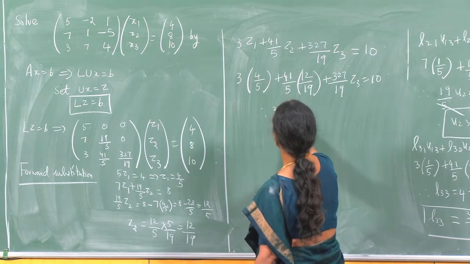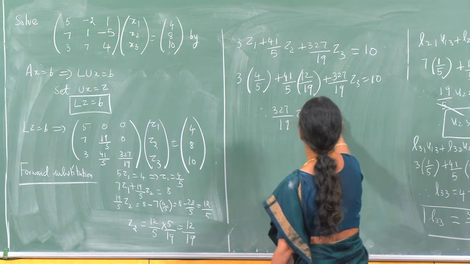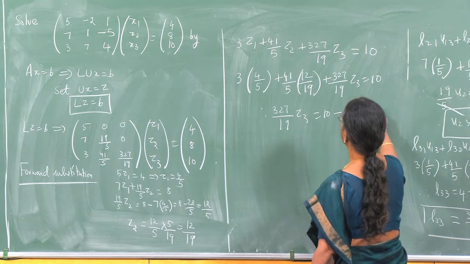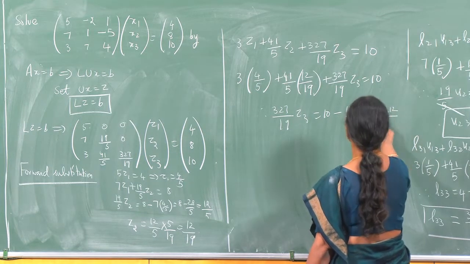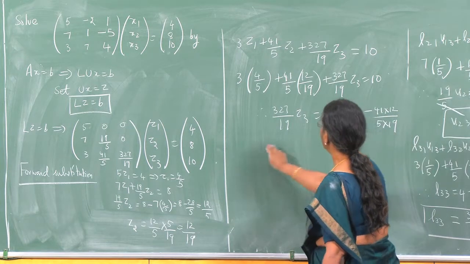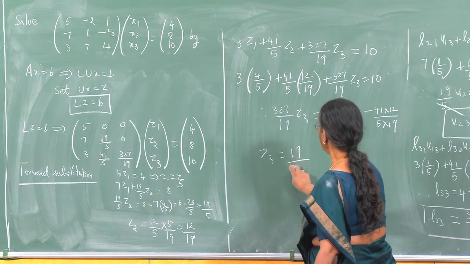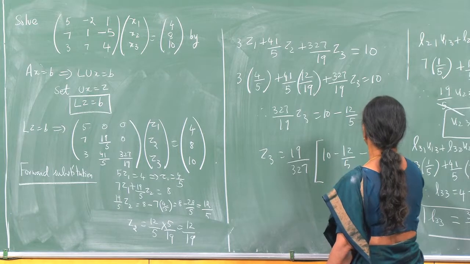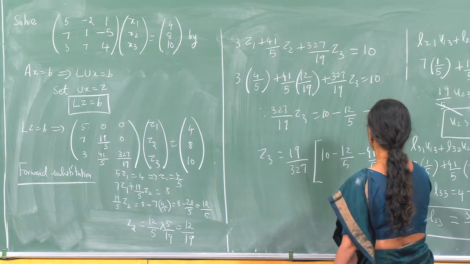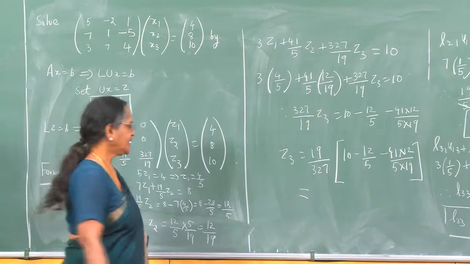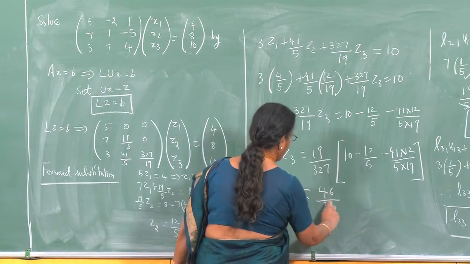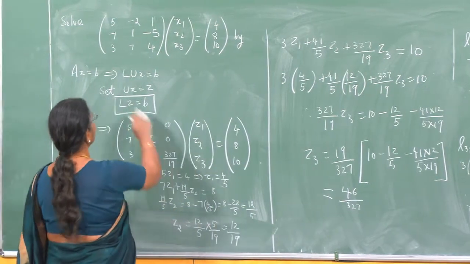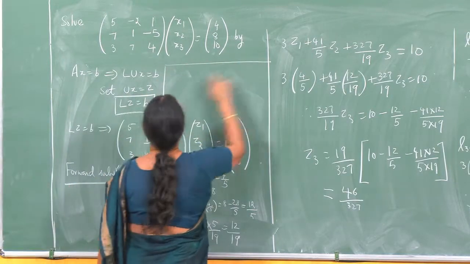Therefore, you can compute z3 from this equation, which gives you 10 minus 12 by 5 minus 41 into 12 by 5 into 19, and so z3 will be 19 by 327 times that. Simplify this to obtain what z3 is, 46 by 327.